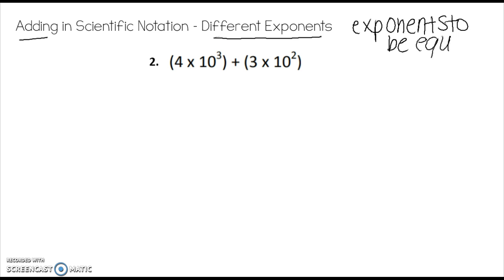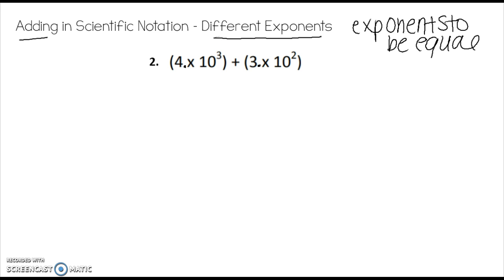So what we have to do is actually move our decimal, and in this one, remember that decimal is always behind that whole number. We want to move the decimal so that both of these, the 3 and the 2, are either 3 or 2. You can move either one.